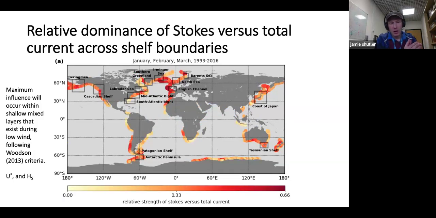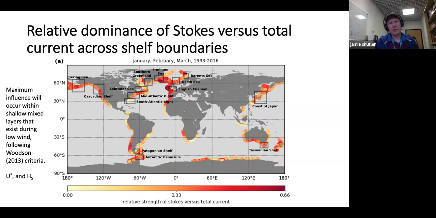You can also do the same for waves. So we used a wave reanalysis data set, the WaveWatch 3 reanalysis, to look at our Stokes drift component. We then did a similar ratio where we took the Stokes drift component in relation to the sum of the geostrophic and Ekman components. And then this identifies where your wave action becomes important.